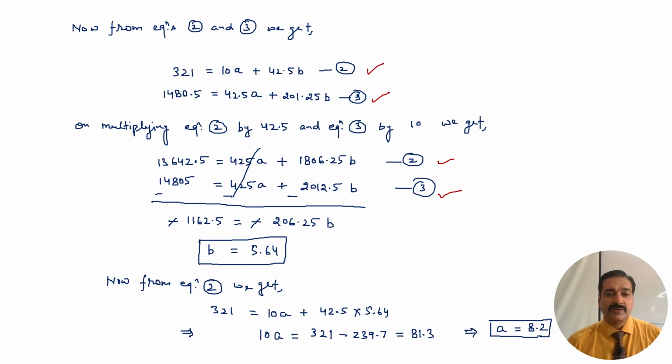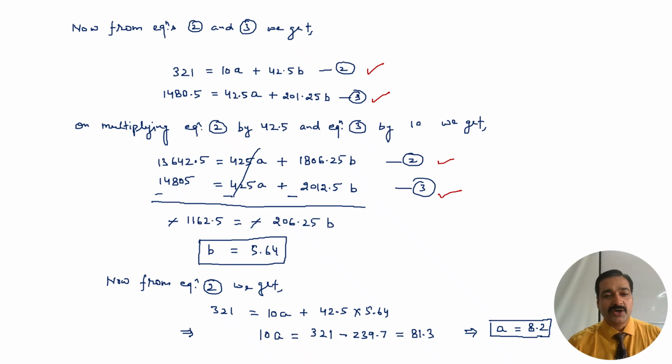When we subtract the third equation from the second, the a coefficients are cancelled out and we get minus 1162.5 on the left hand side and minus 206.25 into b on the right hand side. The minus signs cancel out and we get the value of b as 5.64.